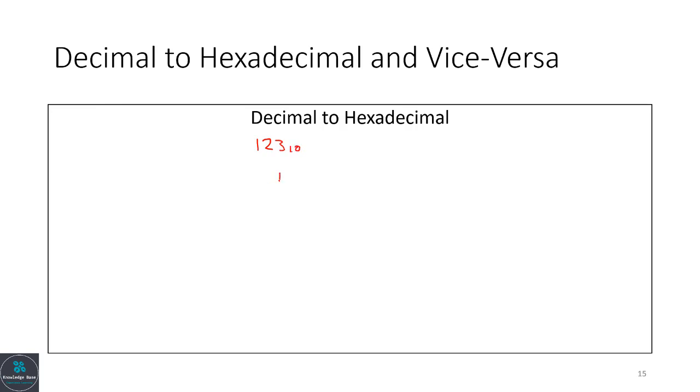Here the base is 16, so we have to divide 123 by its base. So we will get a quotient of 7 and a remainder of 11, right? Now 11 is equivalent to B, we already know that. So the hexadecimal number will be 7B, right?